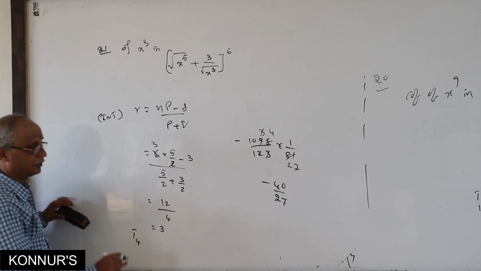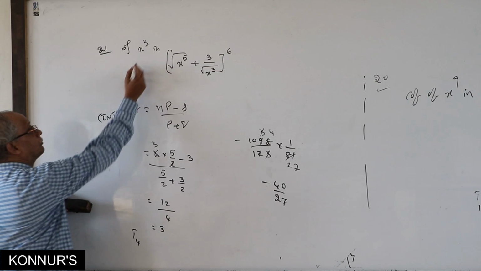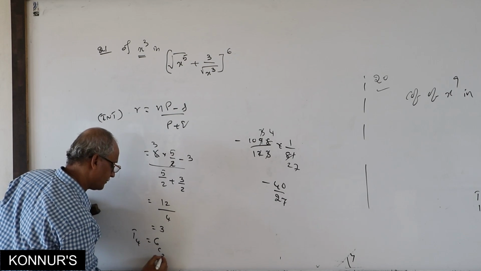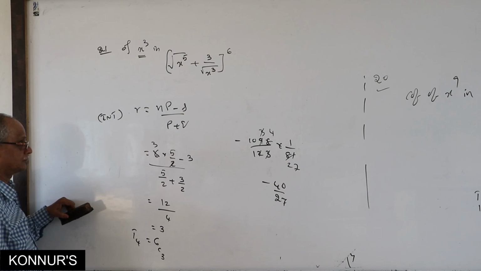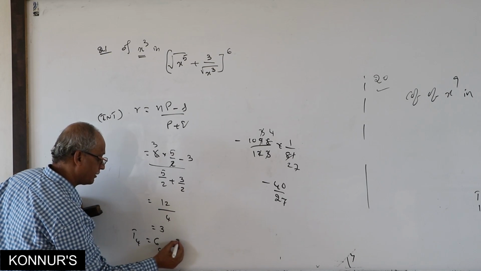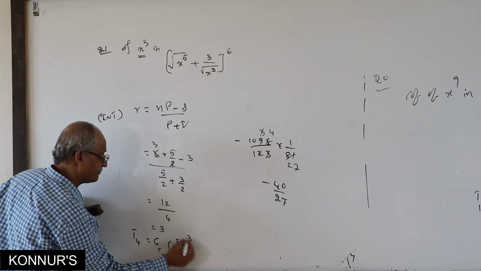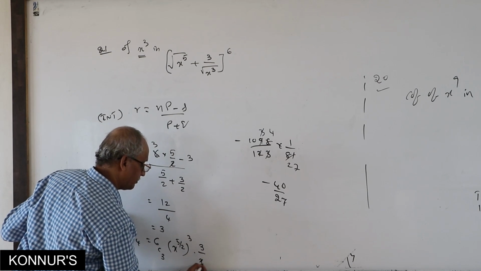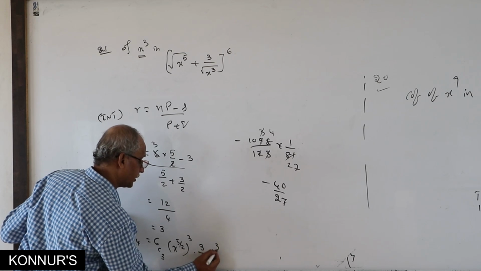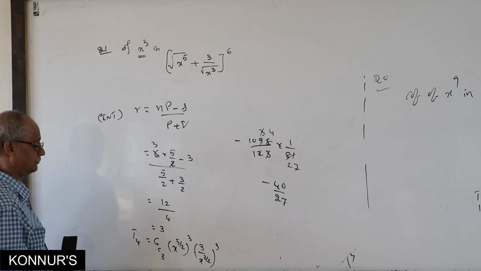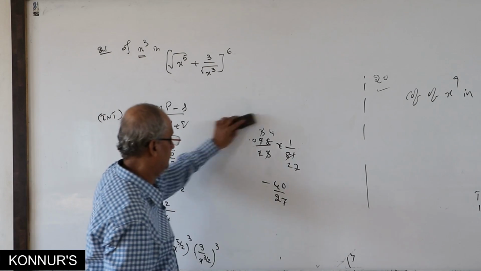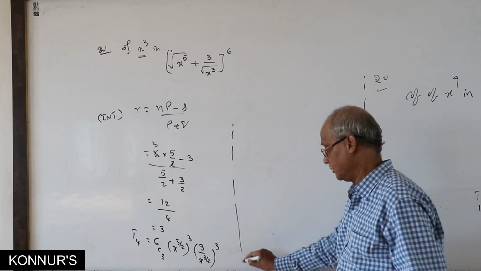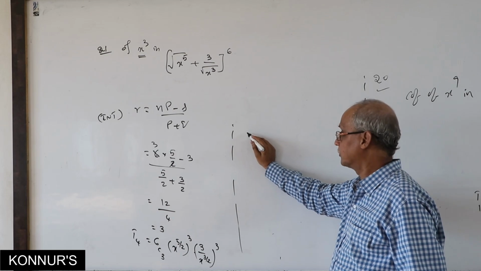Hence what is the answer now? T4 is the term that definitely gives you the coefficient of x cube. So right now 6C3, (x power 5 by 2) whole power 6 minus 3, (3 by x power 3 by 2) whole power 3. Now how can we finish it? 6C3 is 6 by 3, 4, 5, 6 by 1, 2, 3, that is 20.